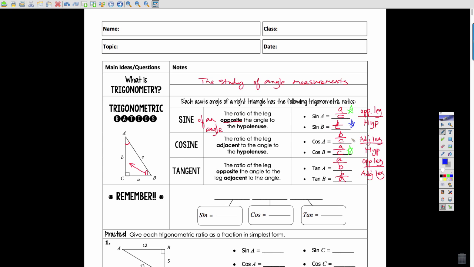So sine of B would be cosine of the other angle, cosine of A. Whereas tangent of one angle is the reciprocal of the other angle. So those are just definitions.